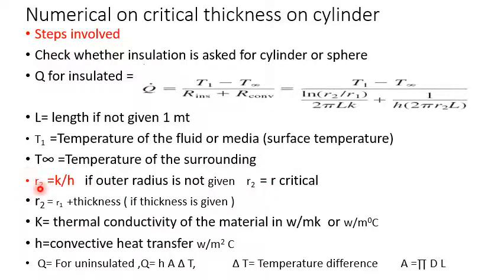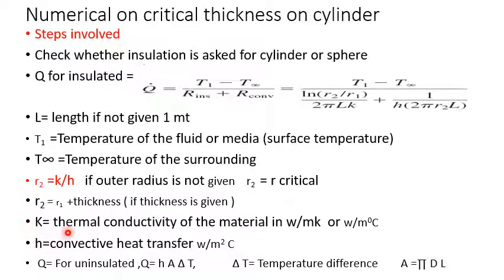If the insulation is not mentioned, I can take this as K by h, where K stands for the thermal conductivity of the material in watt per meter Kelvin, which is also equal to watt per meter degree centigrade. And h is the convective heat transfer coefficient of the surrounding fluid.